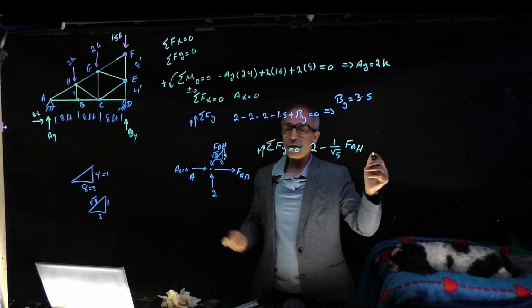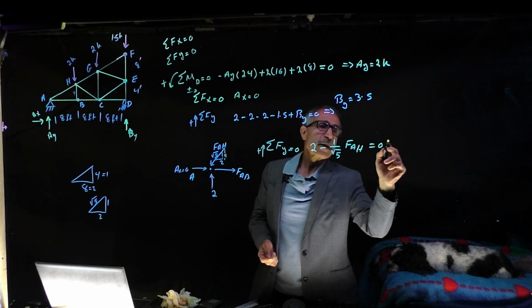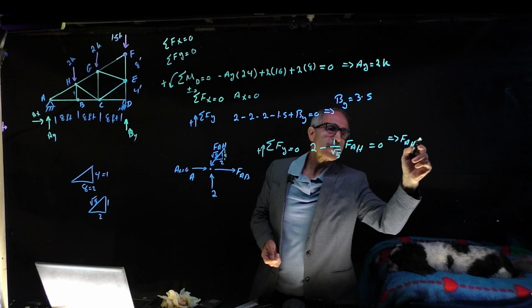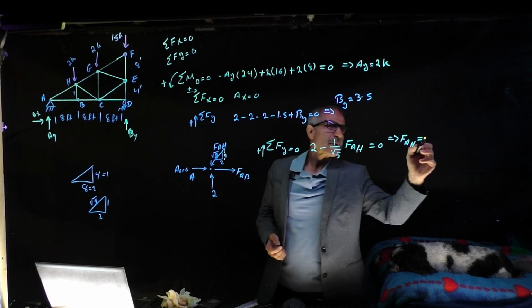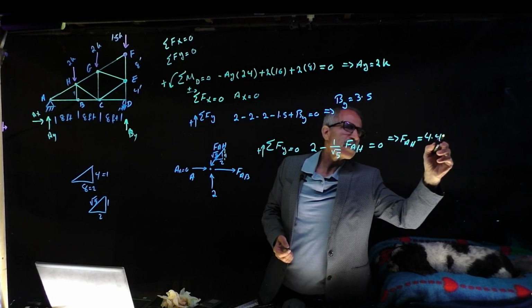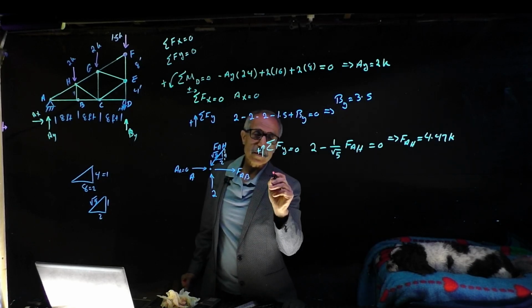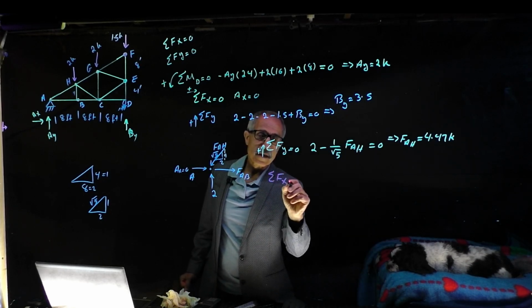And that's it. There's nothing else. Is equal to 0. And therefore, f of AH comes out to be 4.47 kips.